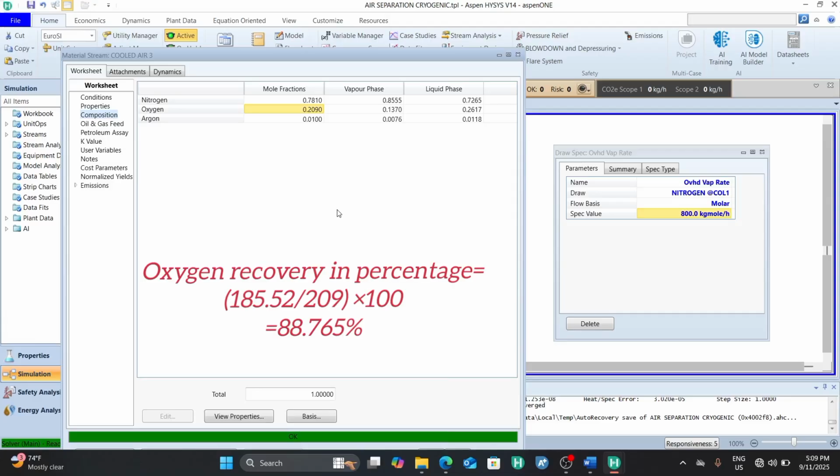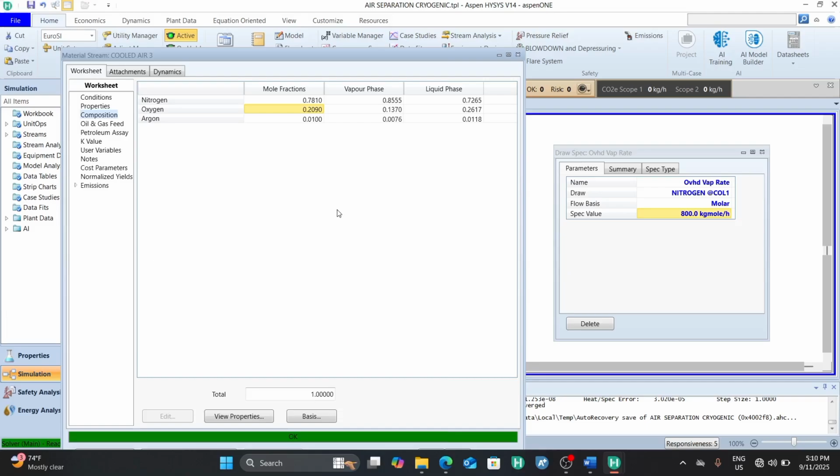We're talking about oxygen right now. So it's going to basically be 185.52 divided by 209 multiplied by 100. And with that, we have 88.765%. Now, that's below the greater than 95% benchmark that we have.